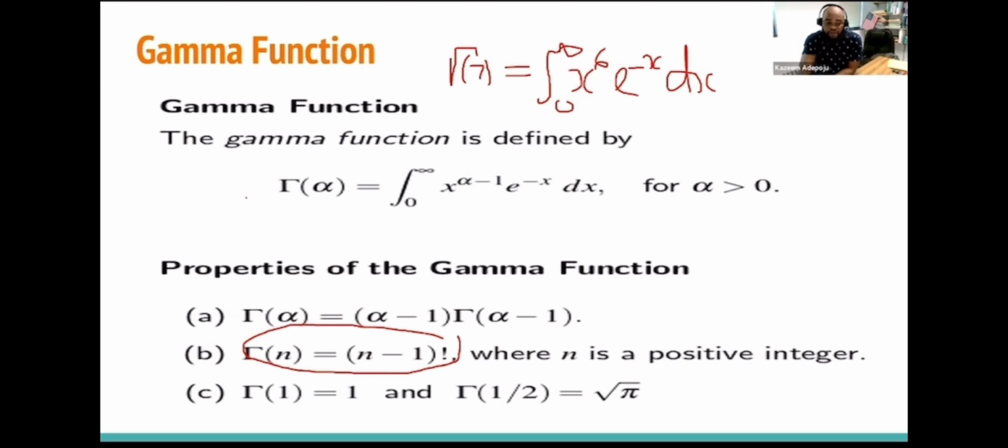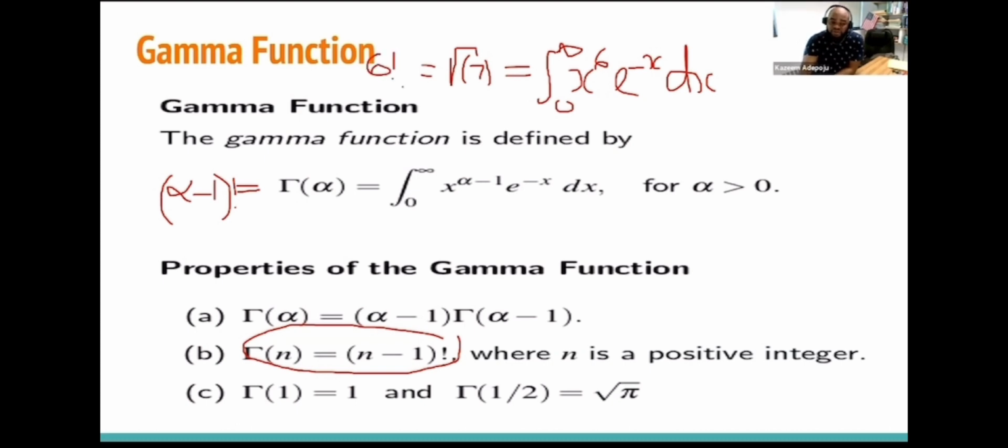So I can equate this to alpha minus 1 factorial. The same thing here, gamma 7 is going to be 6 factorial.